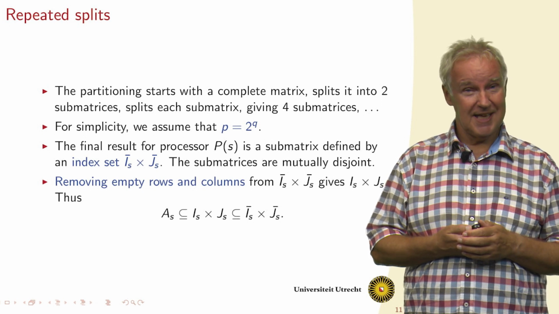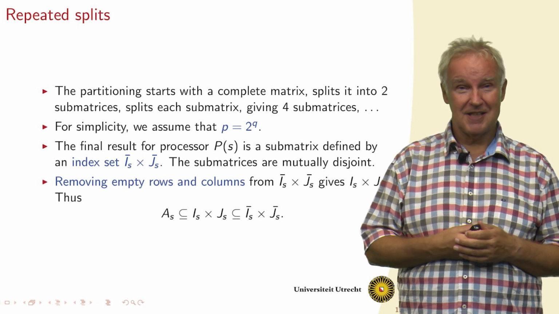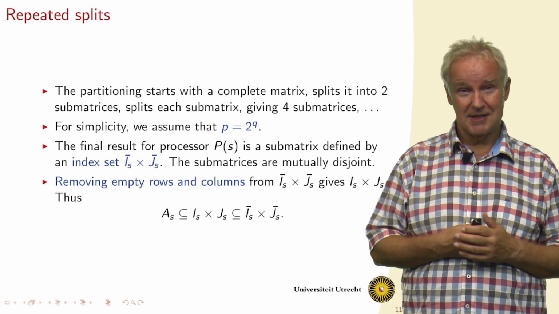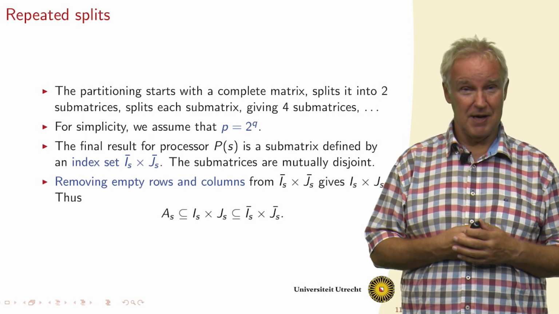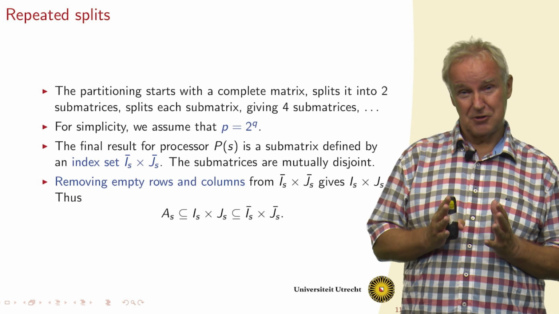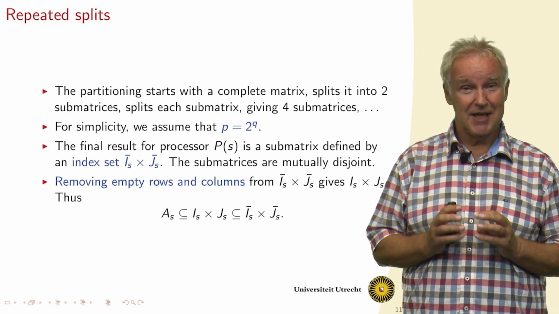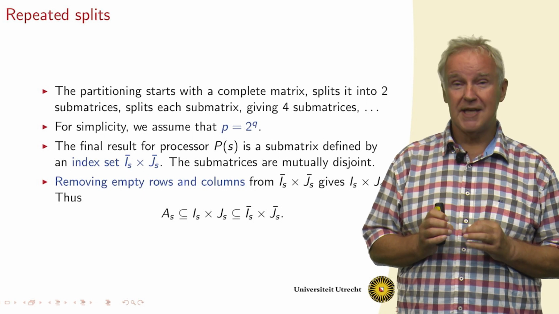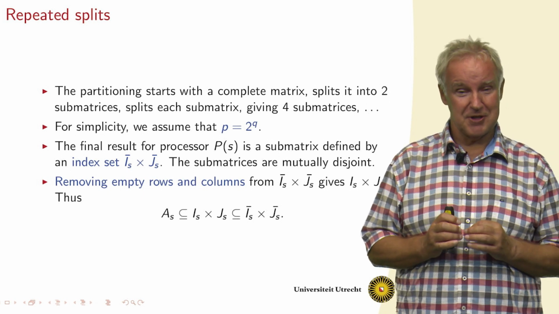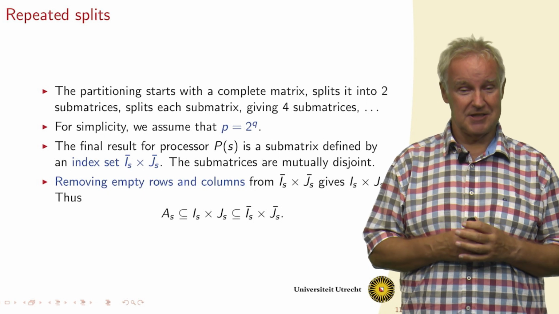And what do we get then? We get a submatrix, I_s bar times J_s bar, and it may have empty rows and columns. If we remove them, we get our familiar index sets I_s times J_s.